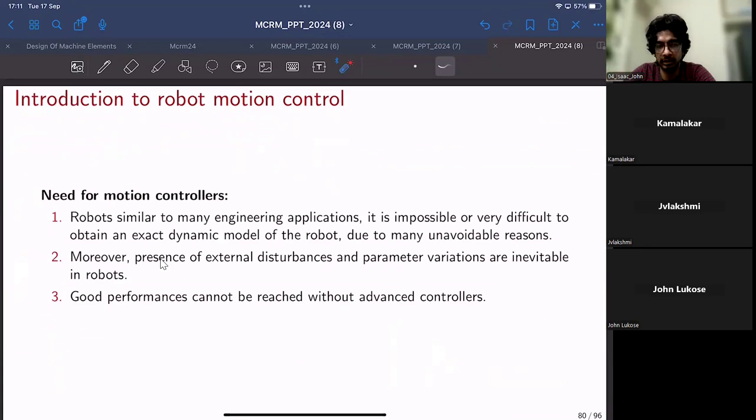For example, friction, backlash, all these things cannot be modeled. And there are also factors due to external disturbances. As a result, to counter all these unmodeled dynamics, we require a motion controller, which would take this error into consideration and try to guide the robot along the desired path.